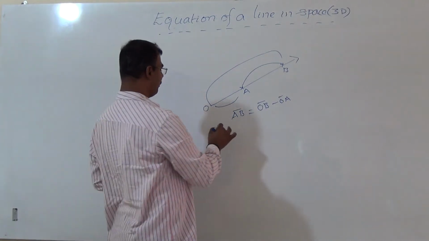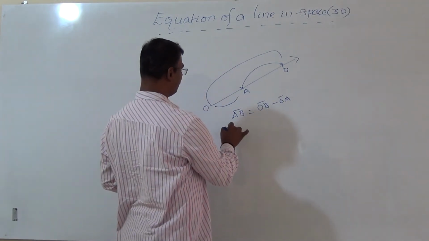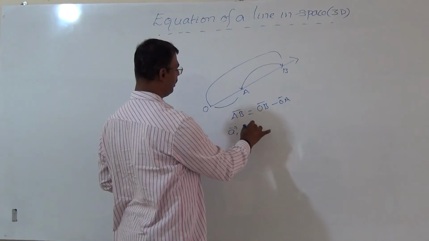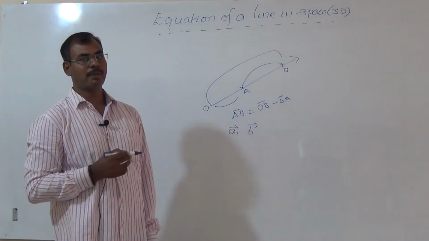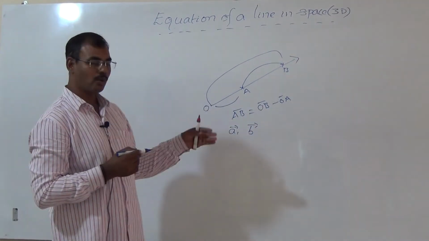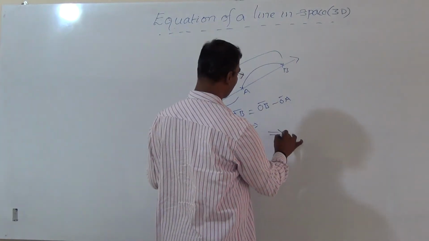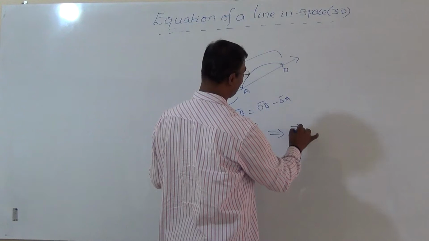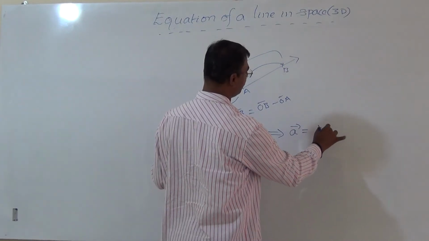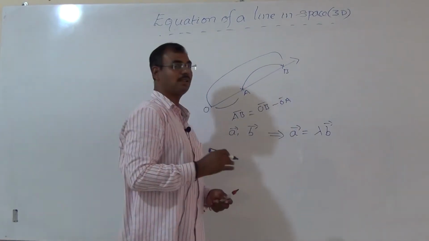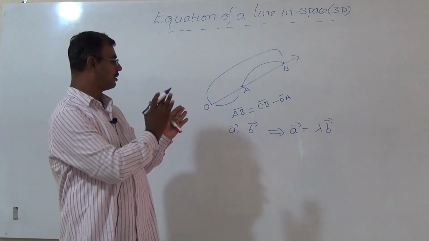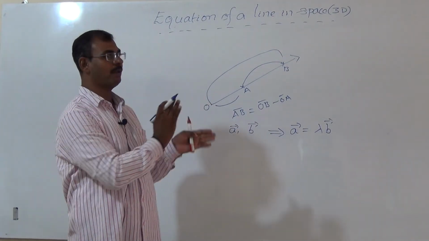Next thing, if two vectors are parallel, let us take A vector and B vector are parallel or collinear. The condition for parallel vectors is A bar is equal to lambda times B vector. So collinear, last class we proved.